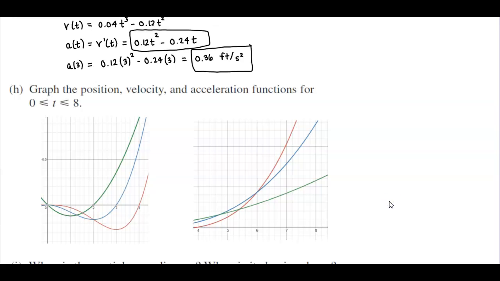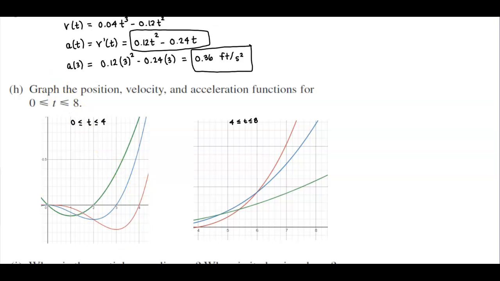Okay, so let's see here. In the first graph, we know that this graph is between 0 and 4, and this graph is between 4 and 8.